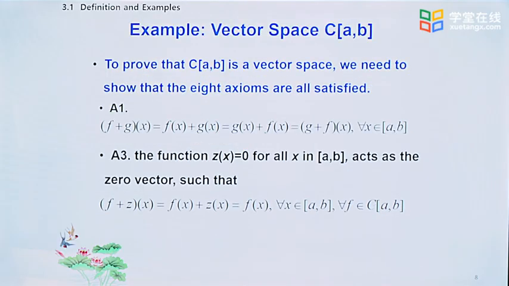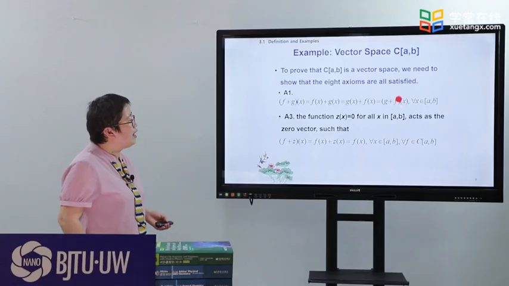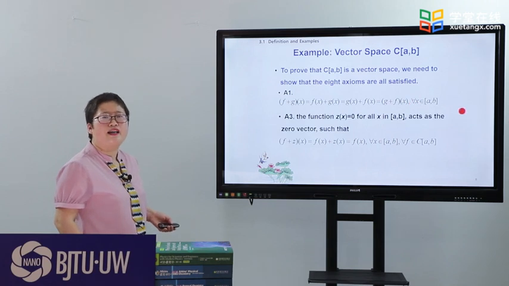And in order to prove that C[a,b] is a vector space, we need to show that the 8 axioms are satisfied. So for example, if we want to show A1 holds, then we check if (f plus g) function on x equals (g plus f) function on x.